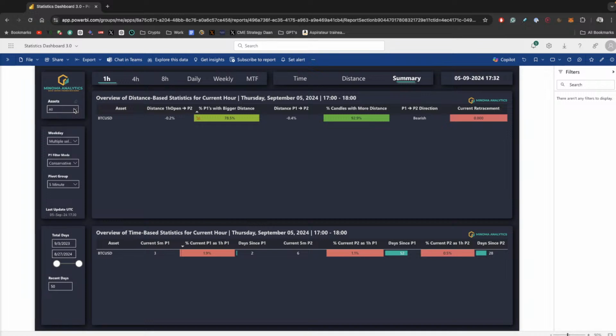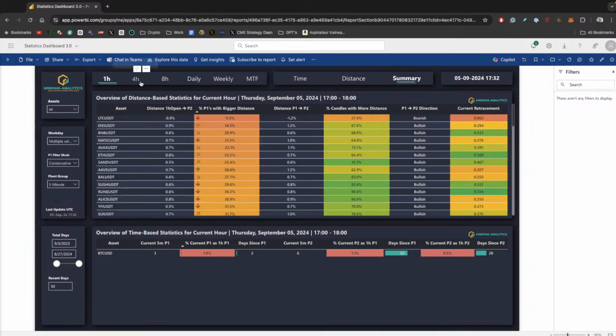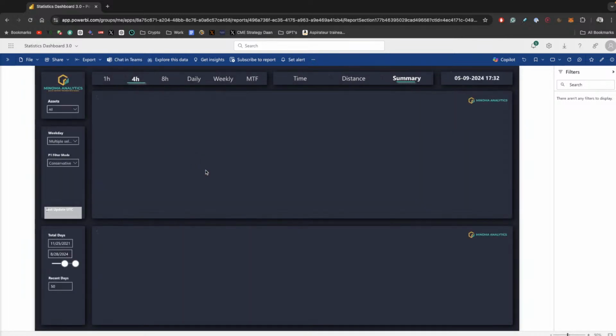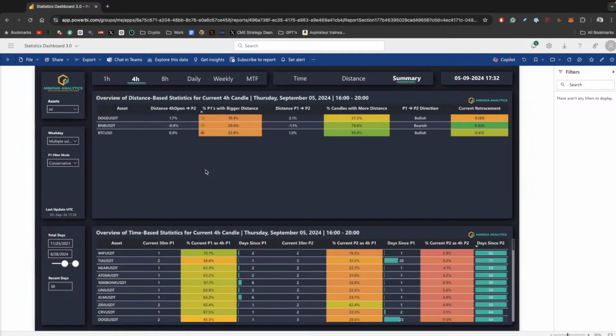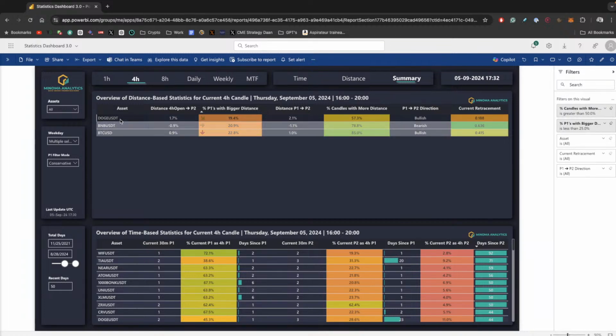All right, so we have BNB that's looking bearish, we have Doge looking bullish, and we have BTC looking bullish. I personally think Doge is looking pretty good.